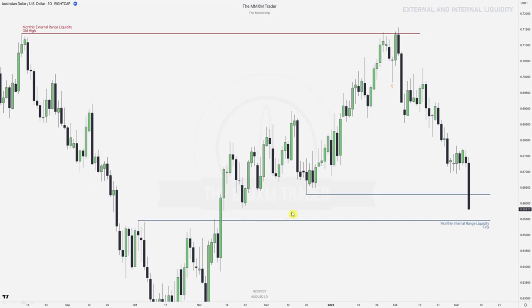We have this outlined down here. Now we need to wait for a little bit of confirmation as always, so we wait for a break of structure. That happens after we rate the monthly external. Break of structure down here. Return back into premium, and it continues down into that fair value gap.